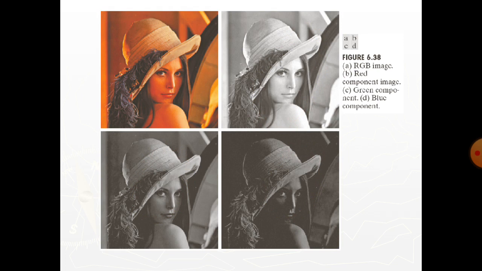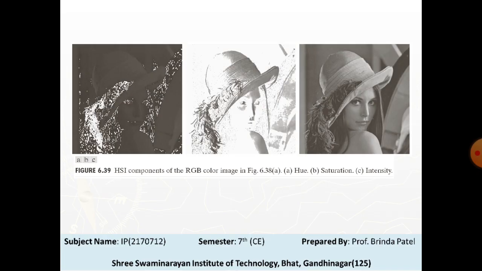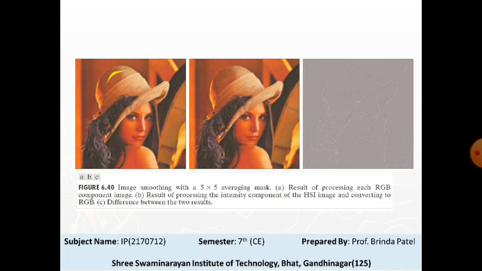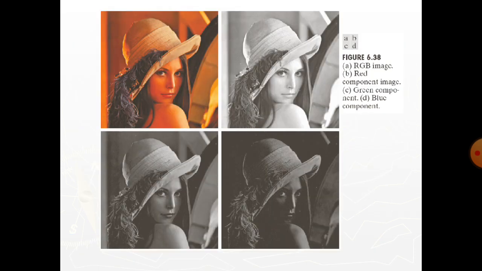We then combine the individually smoothed images to form the smoothed full color RGB result. Note that this image appears as we would expect from performing a spatial smoothing operation.